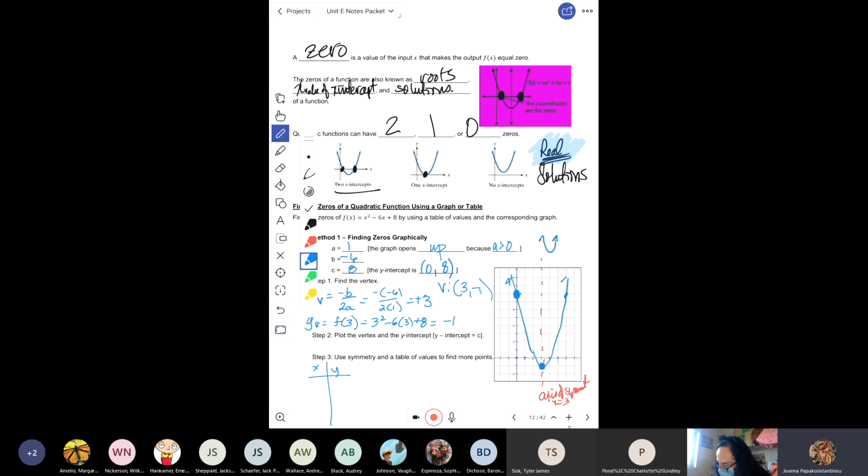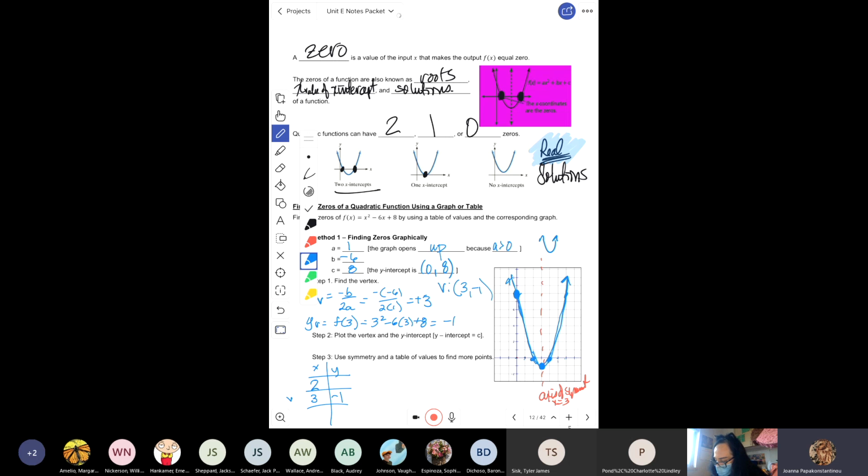Remember, we like to put our vertex in the middle and then maybe choose values larger. Now, what do you think they're going to be? What do they look like? If we had graphed this a little bit more accurately, what do we think those x values would be for the x-intercepts? What do you think? It looks like 2 and 4.